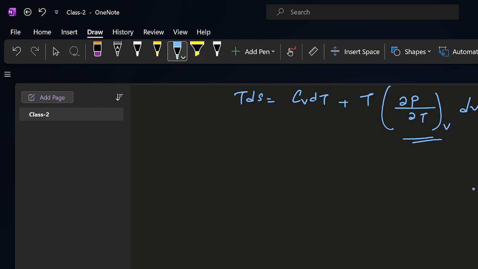That means you know that if x, y and z are three independent variables, such that there is a relation connecting all these three, that is f of x, y, z equal to 0. That means there is some equation that connects all the three variables.